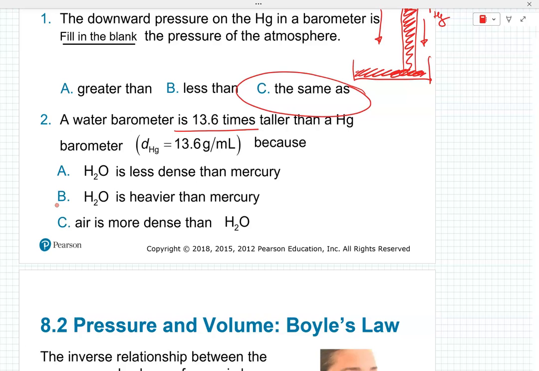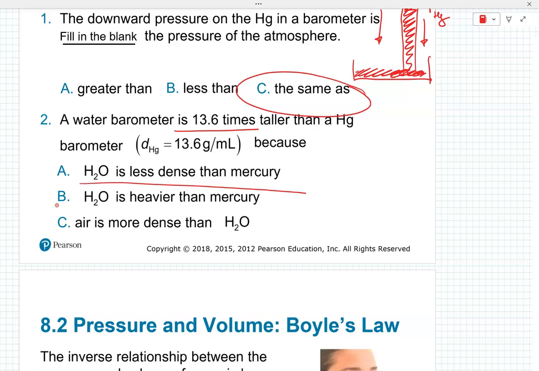Read the answer. Yes, of course. Water is less dense. Hypothetically, if I were to throw you in a sea of mercury, you're not going to sink because you're not dense enough. That makes sense?